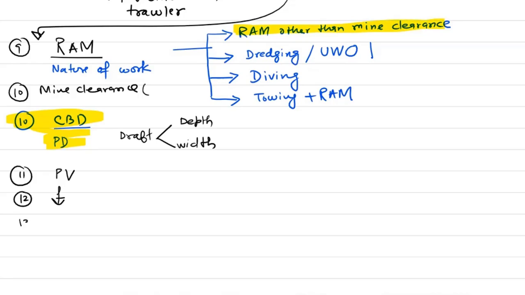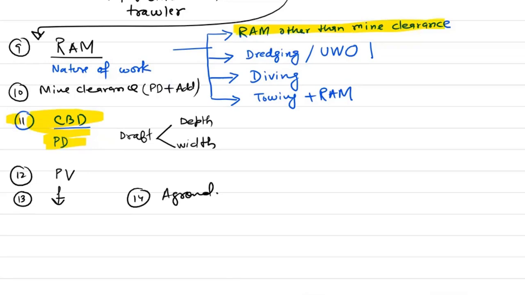By the way, that is also a power-driven vessel plus some additional lights. And then we can have number 11, that is CBD. That will be the sequence or the order of the lights. Then pilot vessel, then 13 anchor, and 14 is vessel aground. That is how the lights and signals of vessels are arranged in Colreg, right.